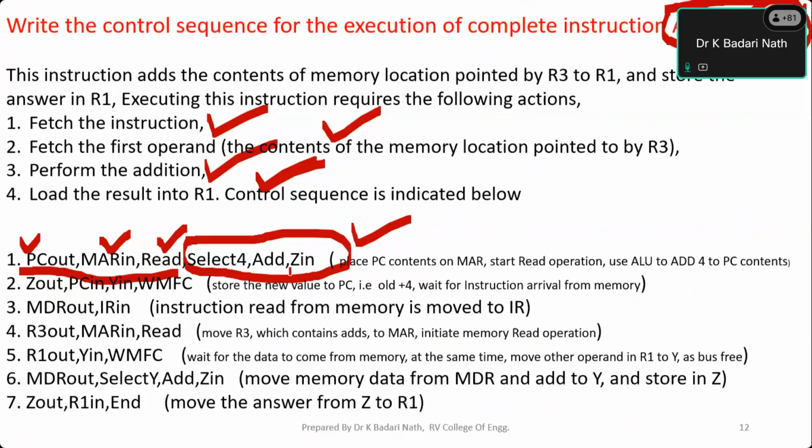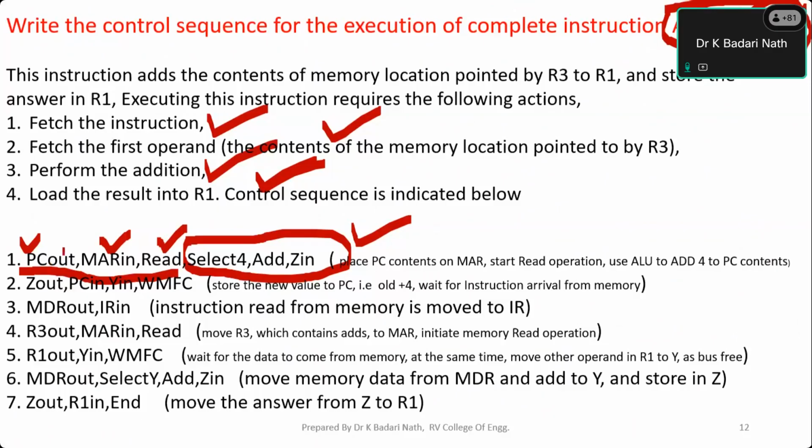So how do you get the program counter into the ALU? We know that as soon as the PC out comes and enters the MAR, the same bus is also connected to the ALU. We know that when all the registers open up and connect to the bus, one of the operands in the ALU is directly connected to the bus.